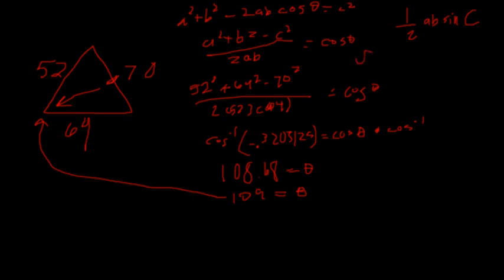Heron's formula is just the square root of s times s minus a times s minus b times s minus c. It's less arbitrary, and I feel like it's easier to do. And s equals a plus b plus c divided by 2.